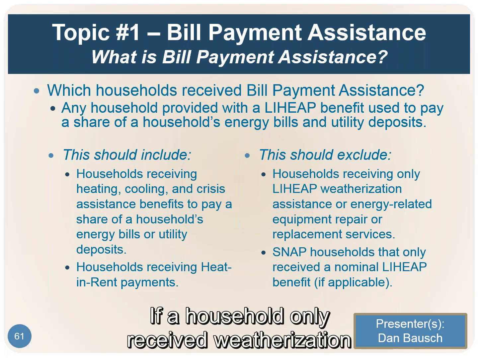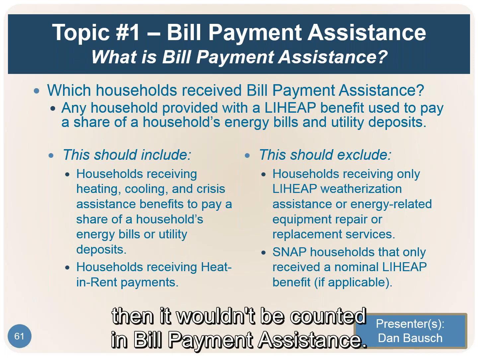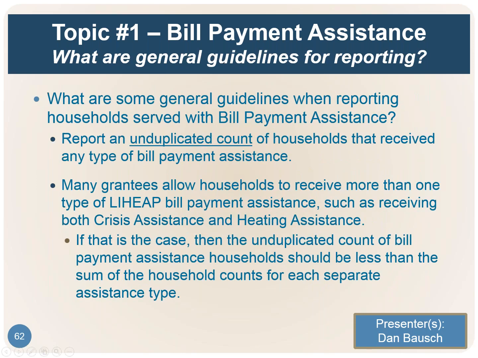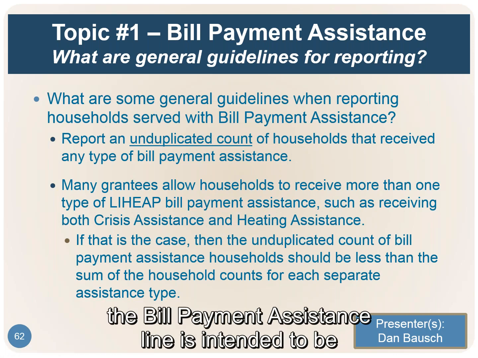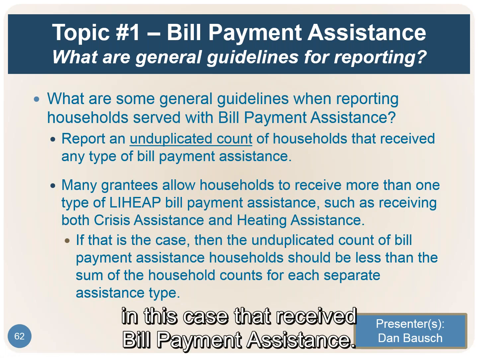If a household only received weatherization or only received equipment repair and replacement, then it wouldn't be counted in bill payment assistance. Just as with the any type of LIHEAP assistance line, the bill payment assistance line is intended to be an unduplicated count of households, in this case, that received bill payment assistance.